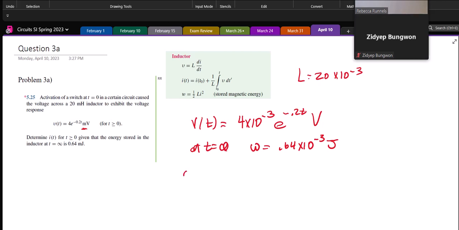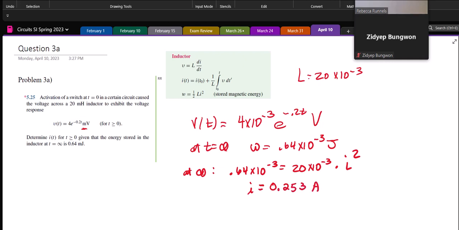So at infinity, the energy is 0.64 times 10 to the negative third, and that equals 20 times 10 to the negative third times I squared, and that ends up with I equaling 0.253 amps.